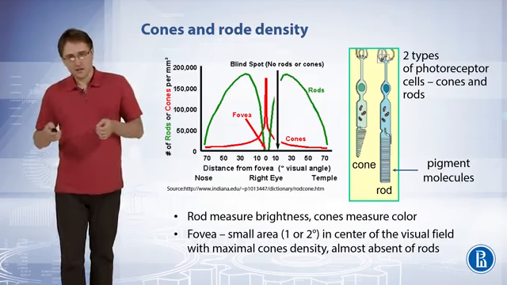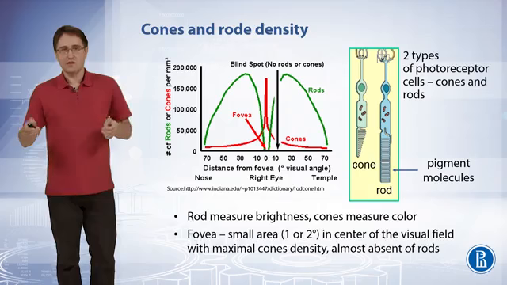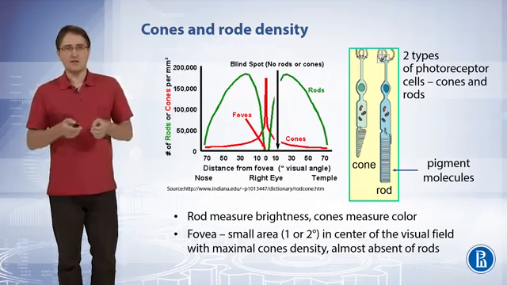So when we are looking at the sky at night, our cones are not working and rods are working, and because rods are distributed evenly throughout the retina, all our retina is working and we see all the stars.